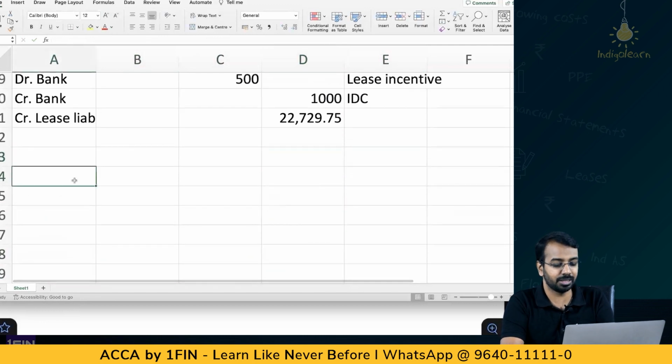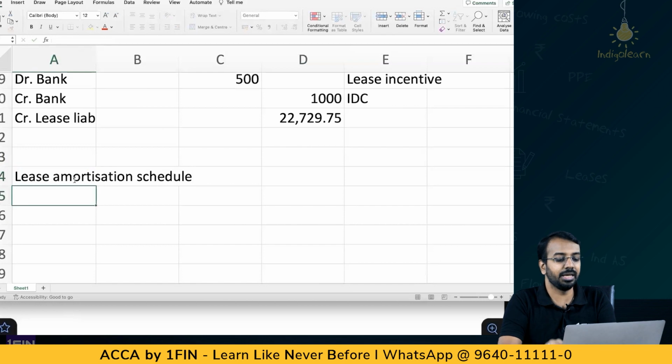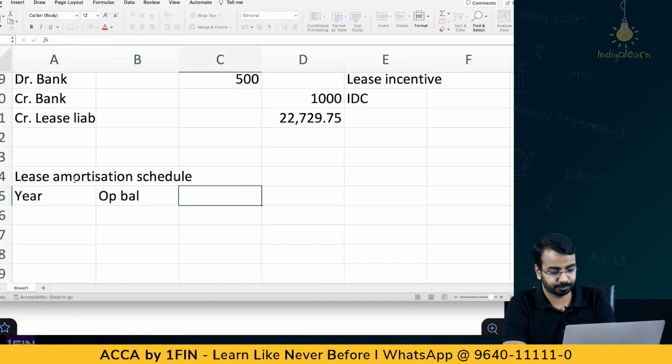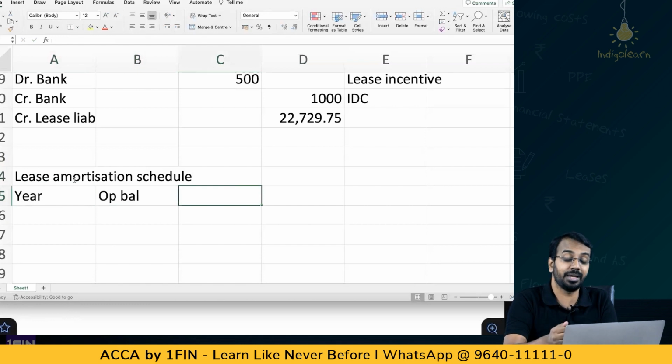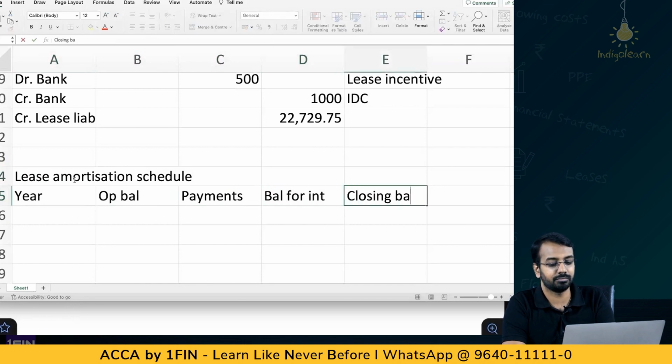Then subsequently what happens is you prepare a lease amortization schedule. Now in the lease amortization schedule, you take year, opening balance. Now when lease payments are made in advance, you first take the payments, then balance for interest, then closing.